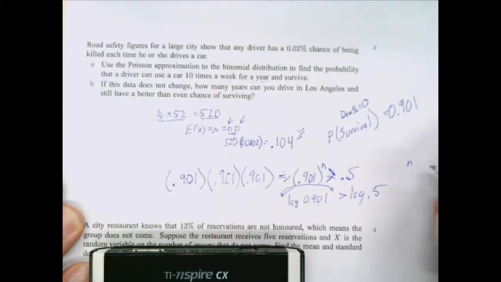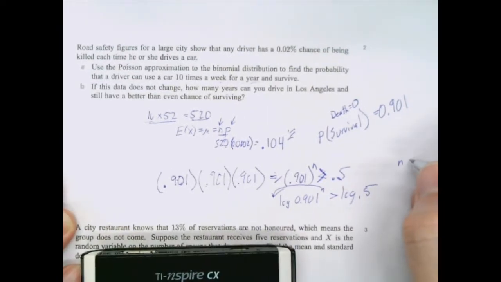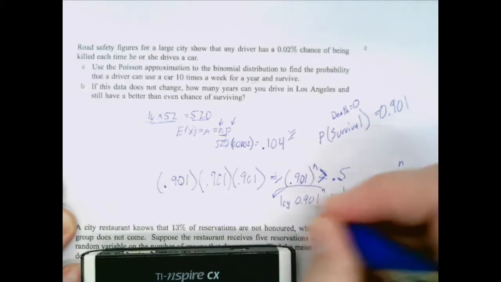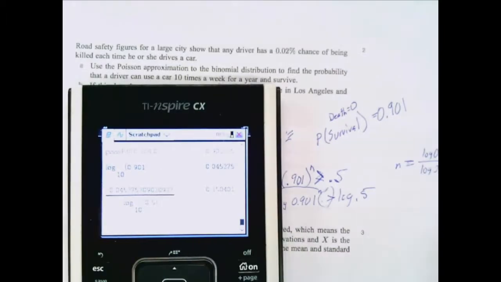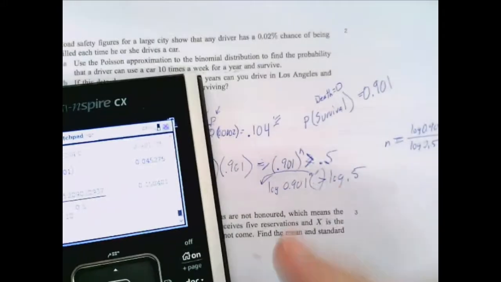So n is going to have some relationship. Now, we're not quite sure what logs do to the inequality, so leave it for now. So n is somehow related to, I'll put an equal sign for now, log 0.5 over log of 0.901. Man, this is what you get when you don't sleep. These should be switched, because the n was here.